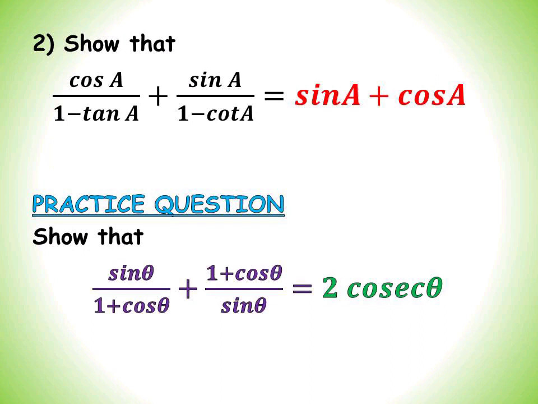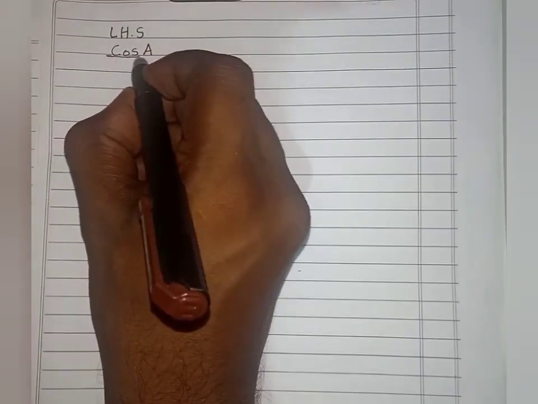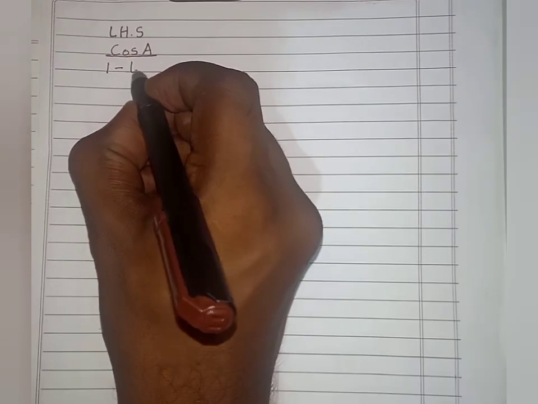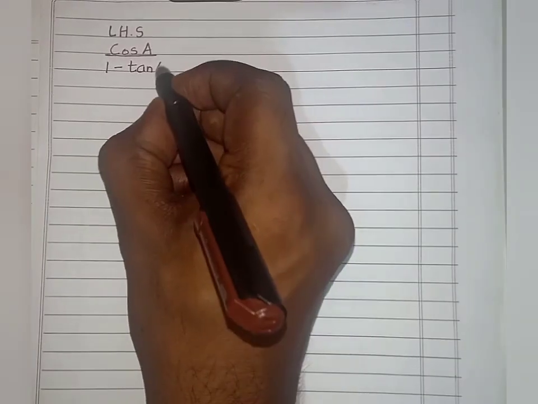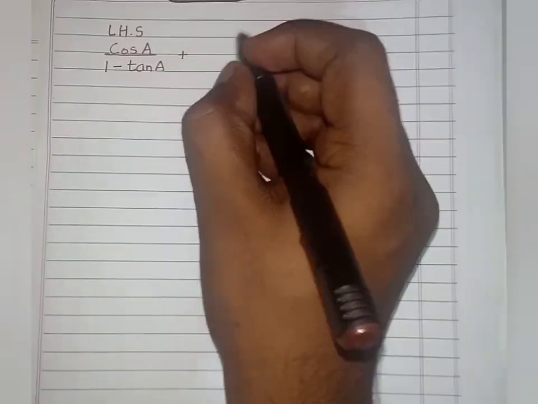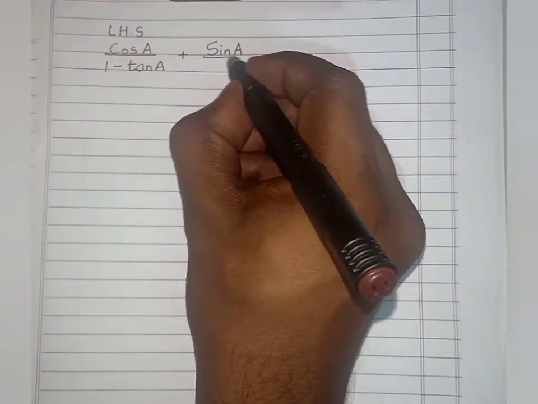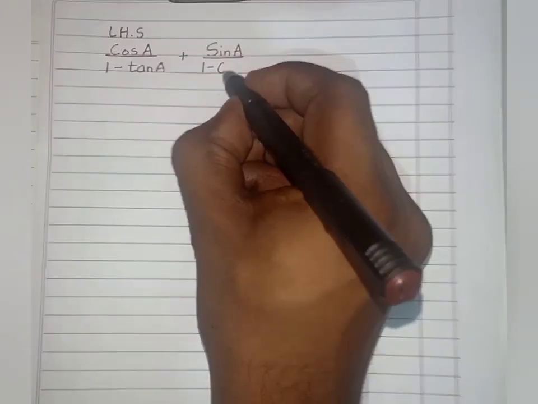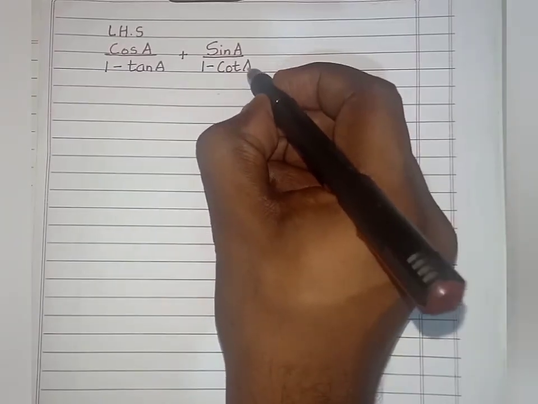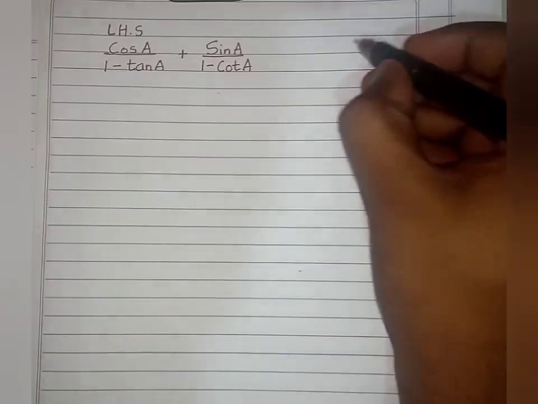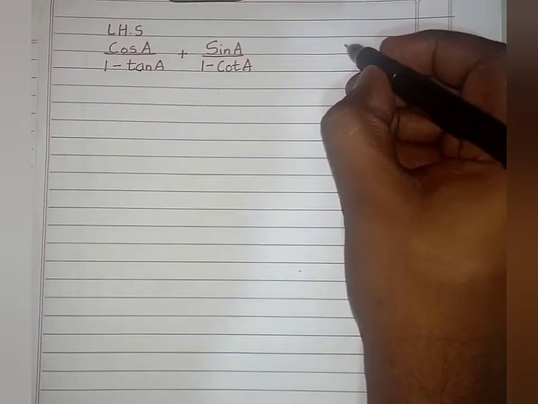Second question, a problem based on trigonometry. Now I will write down the LHS part, that is cos A by 1 minus tan A plus sin A over 1 minus cot A. Now before solving this problem, you should know the ratio of tan and cot functions.